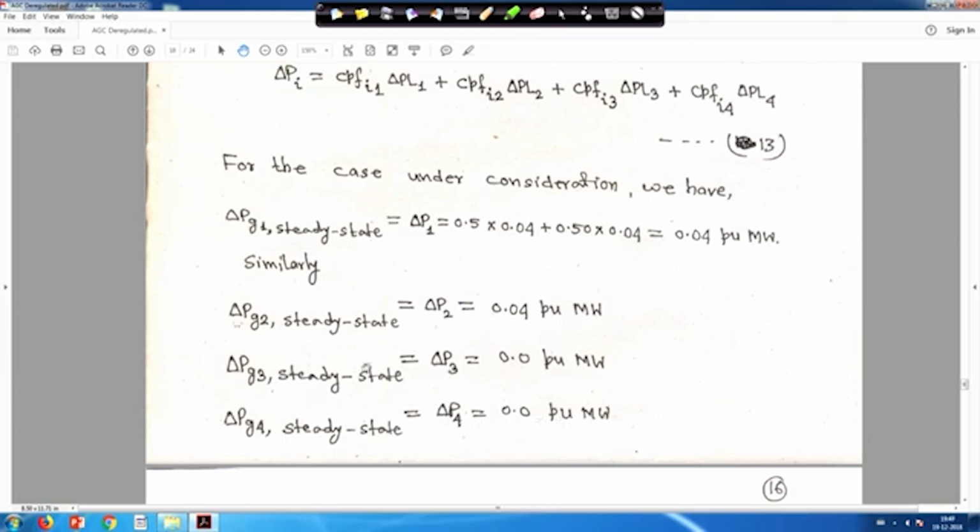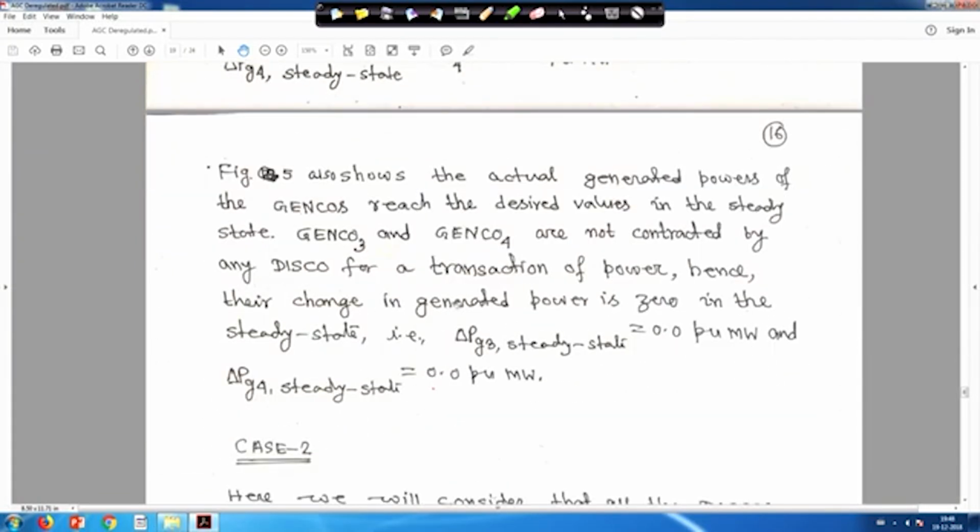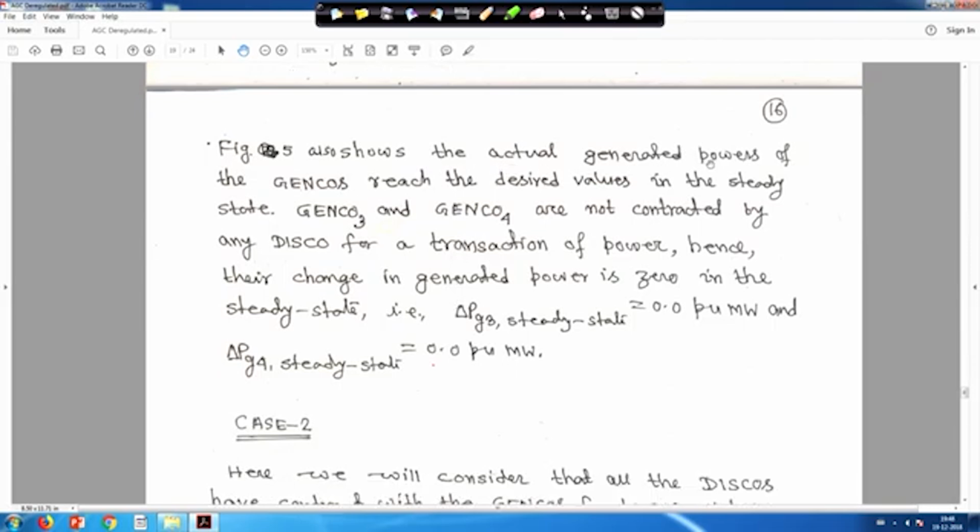All these simulations I have also shown, but your objective will be the steady state only. For the sake of completeness, dynamic simulations and responses are shown. Figure 5 also shows the actual generated powers of the GENCOs reaching the desired values in the steady state.